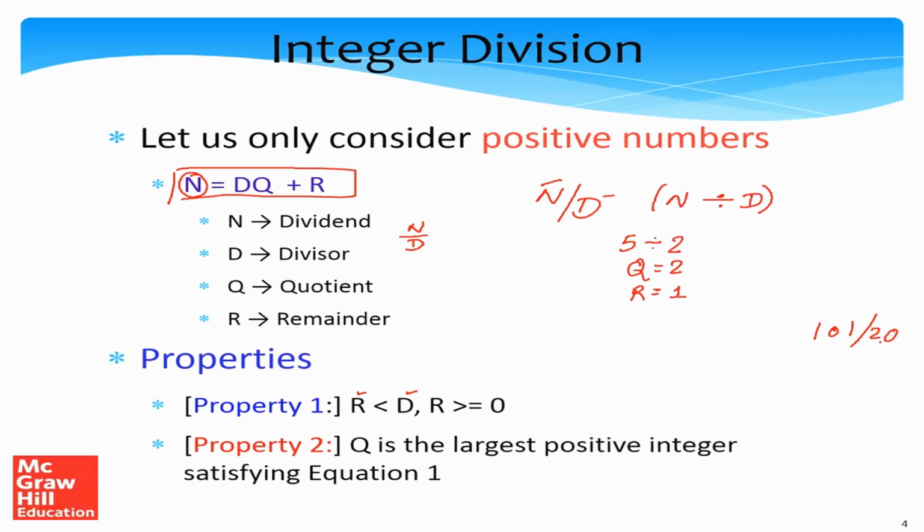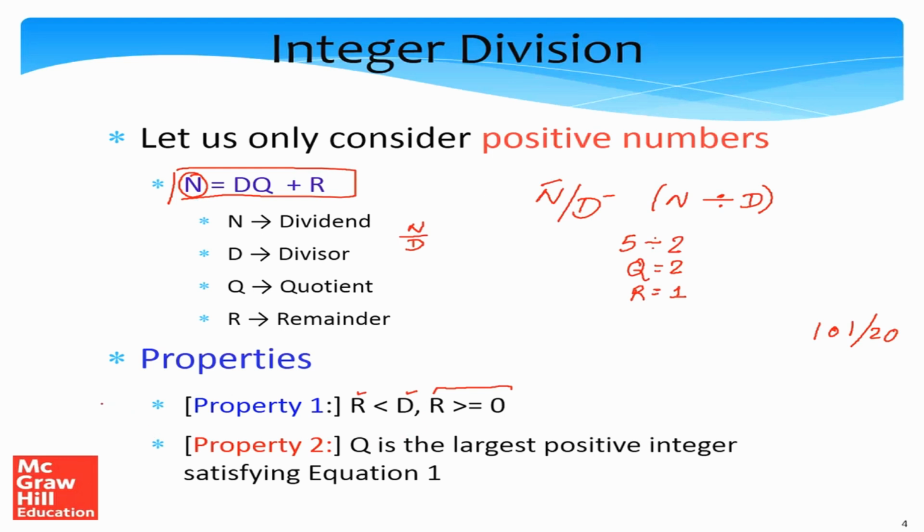It basically means that the division has not been done correctly. The quotient has to be 5 and the remainder has to be 1 in this case. So r is less than d. Furthermore, r is greater than or equal to 0. So we always have a non-negative remainder if we are considering only positive numbers.